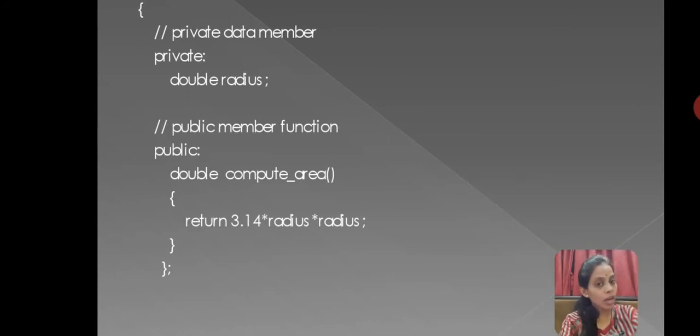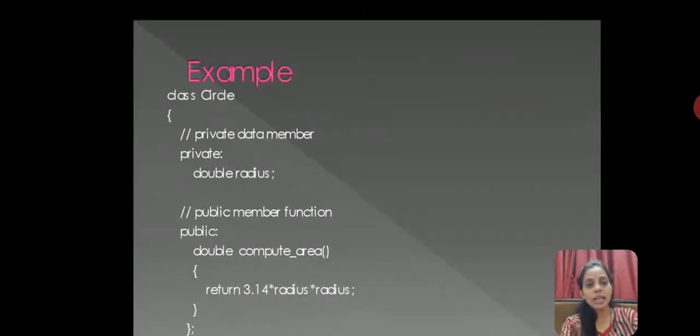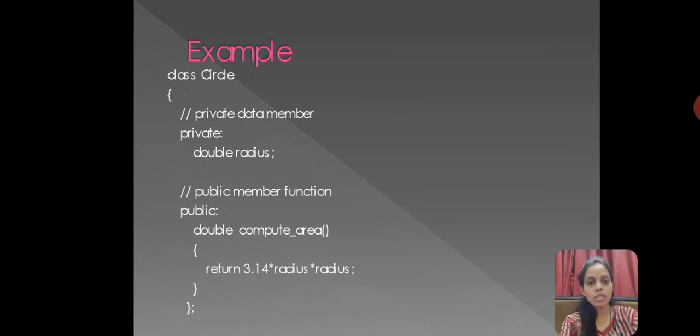We have allowed it because this is inside the class. You can see this is inside the class, because the semicolon is given after computeArea is completed. So a private data member can be accessed by a member function of the same class.